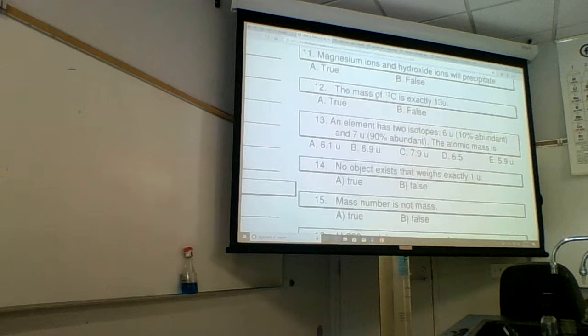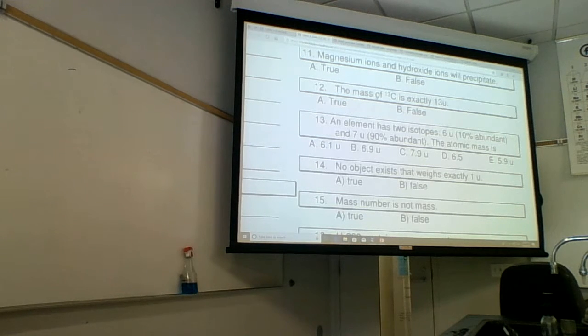If it's 100% 6, then 0% 7. And so the average weight is going to be 6. Likewise, if it's 0% 6, it would be 100% 7. If it's 100% 7, the average is going to weigh 7. If it's 50-50, 50% 6, 50% 7, it's going to weigh 6.5.